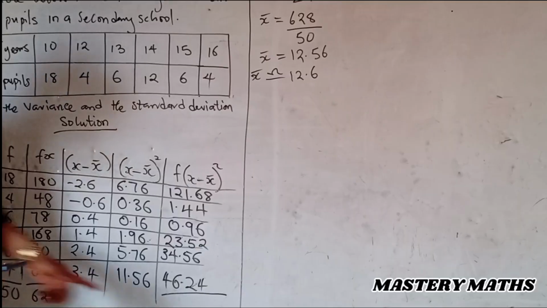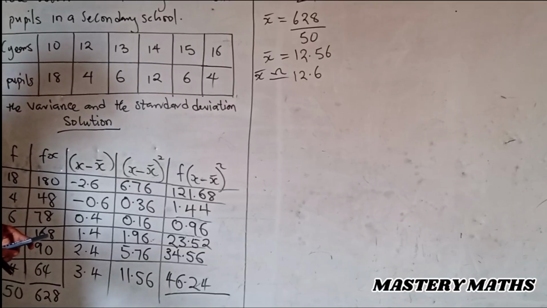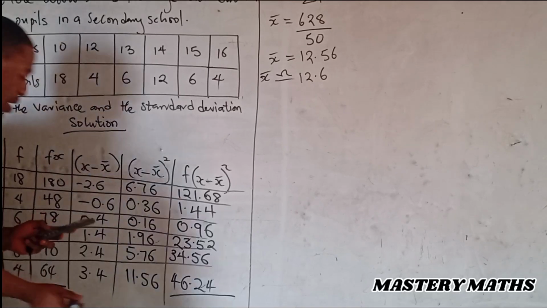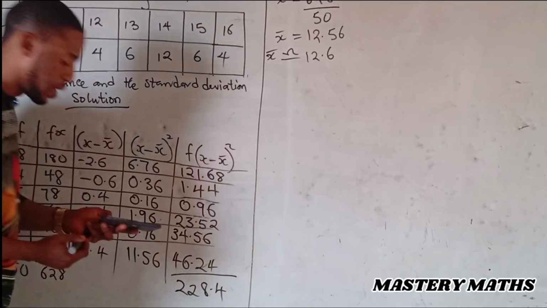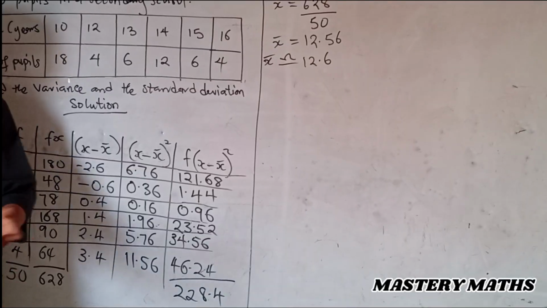We have our plus the last one now, 46.24, which will give us 228.4.